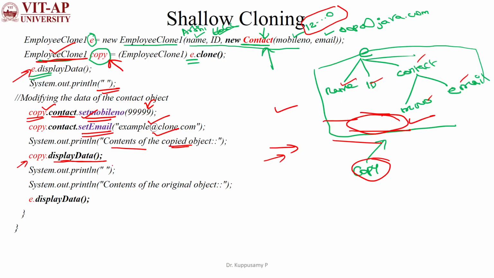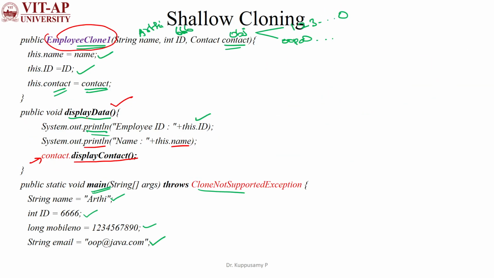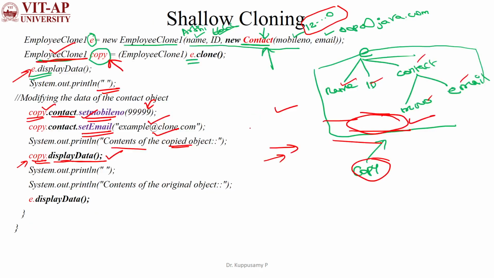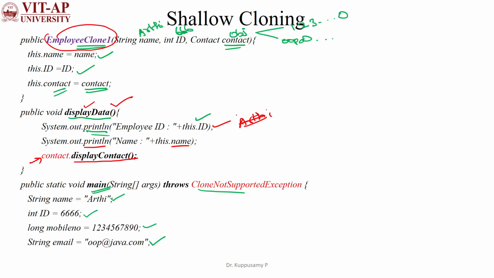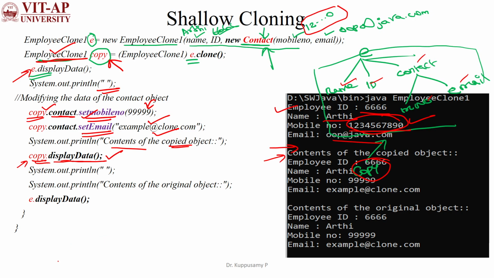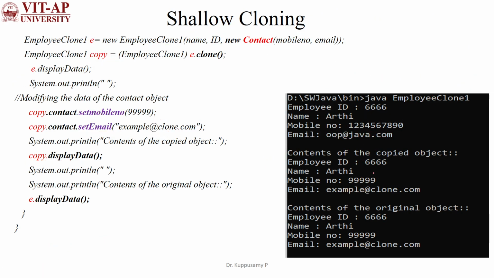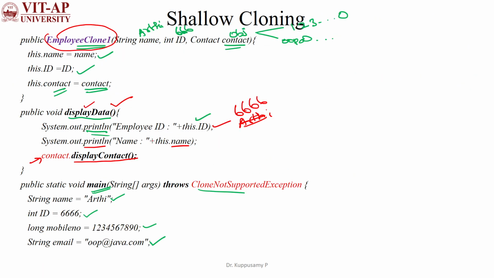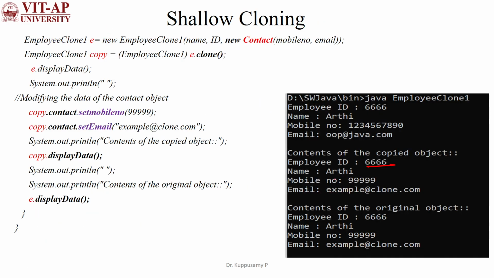That's why when you call display data, control automatically goes to the display data available inside the employee clone 1 class, which prints the id, 46. Then the name is printed as Arti for the cloned object.